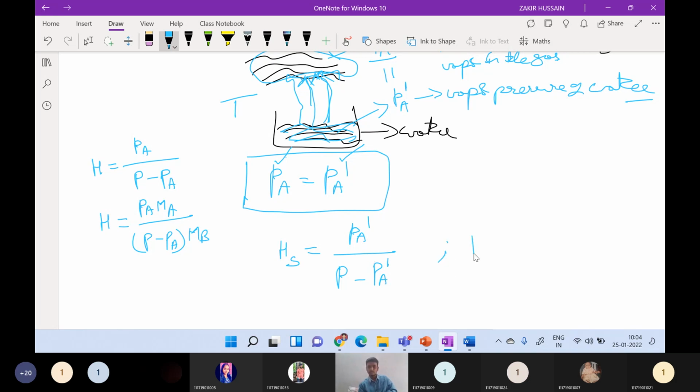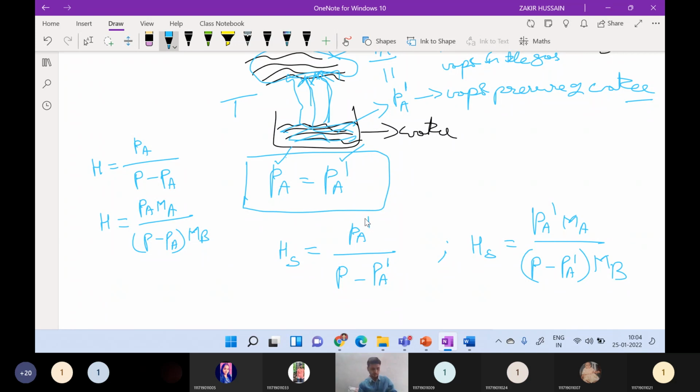Then the same absolute saturation humidity we can define for weight quantities: vapor pressure into the molecular weight of component A, divided by total pressure minus vapor pressure into the molecular weight of component B. So these two.